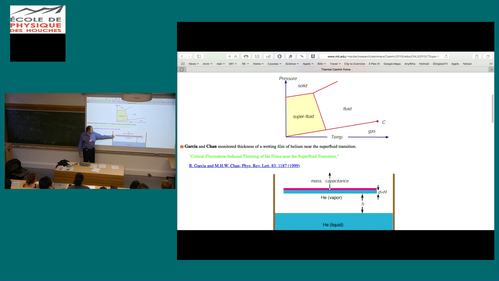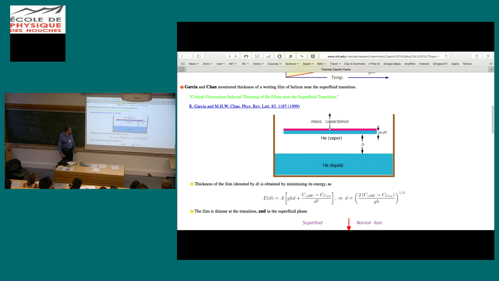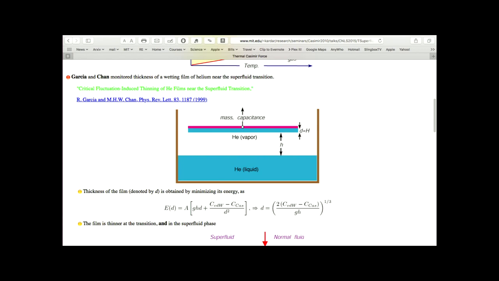So because of the gain from the attraction to the copper versus the loss from the gravitational potential, there is a particular thickness of the film that emerges, and that thickness of the film is a measure of the strength of the van der Waals attractions. So if you add up all of the van der Waals attractions, you find that for a film of thickness d, the gain that you have falls off as 1 over d squared.